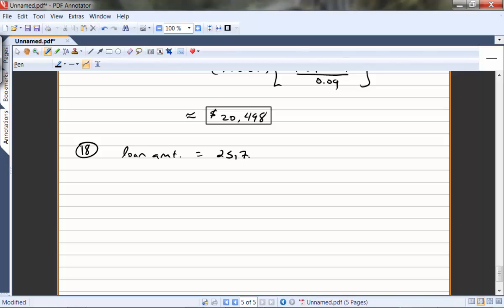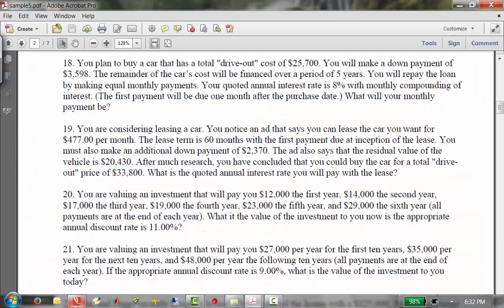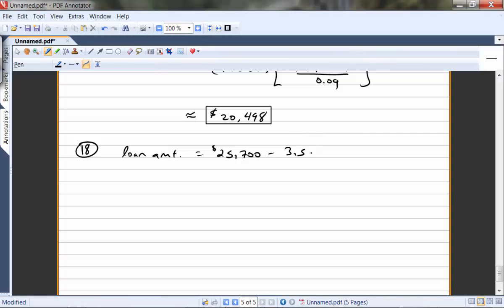Well, it's whatever the car's value is minus your down payment, 3,598. $22,102 is what you're borrowing from the bank. And they're going to lend you this $22,102, and you're going to make monthly payments at the end of each month. So we have an ordinary annuity.